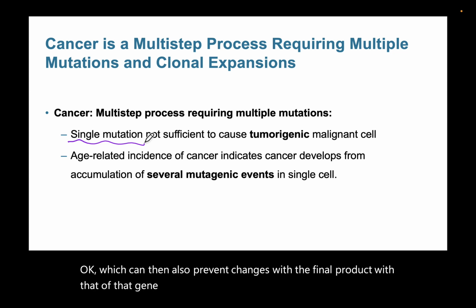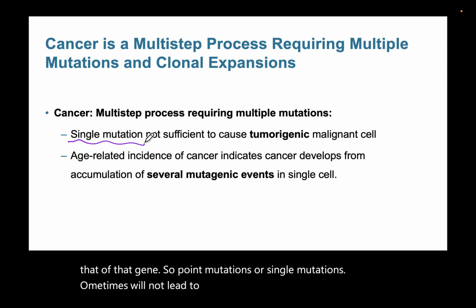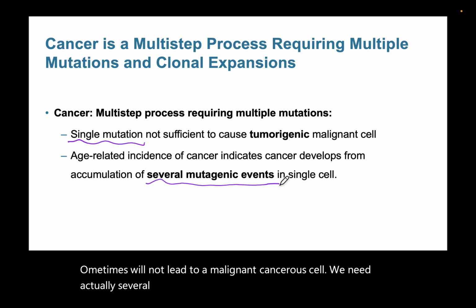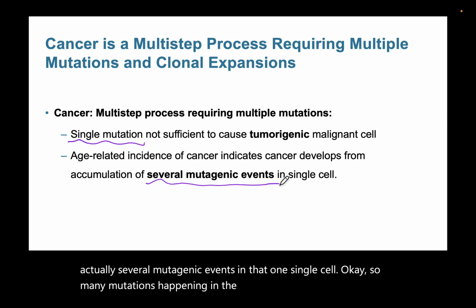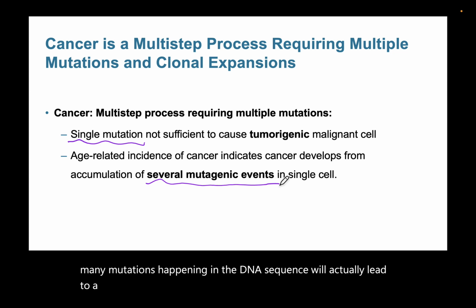So point mutations or single mutations sometimes will not lead to a malignant cancerous cell. We actually need several mutagenic events in that one single cell. Okay, so many mutations happening in the DNA sequence will actually lead to the development of a malignant cell.